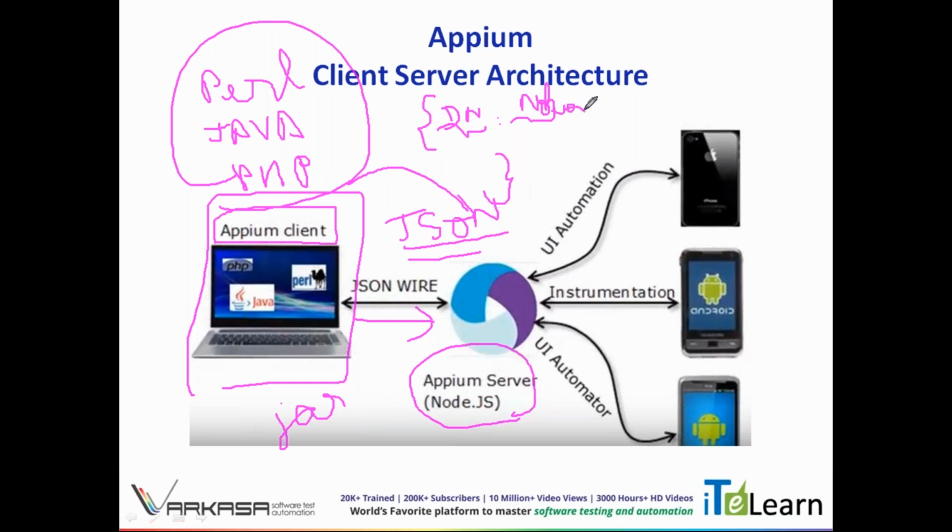So this is how the JSON format looks, maybe model number and then the value of the model number. Those are simple formats which Appium recognizes for performing the function. Whatever programming language you use, those will be converted into JSON by the Appium jar files itself, and those JSON commands will be read by the Appium server.